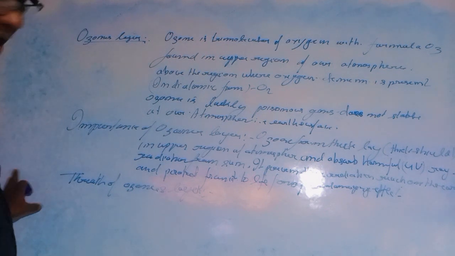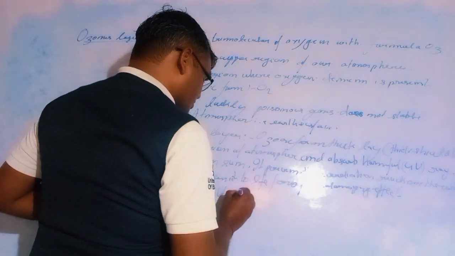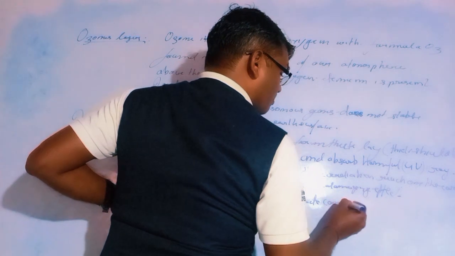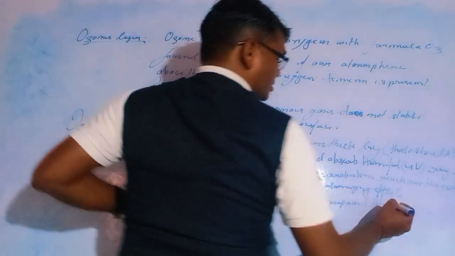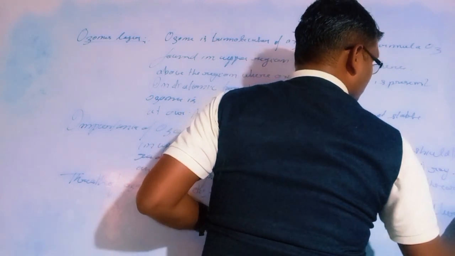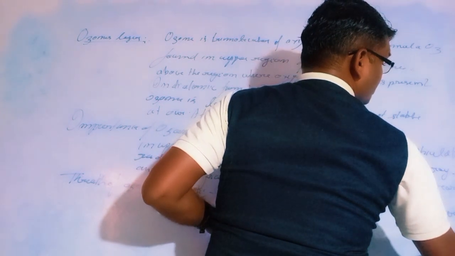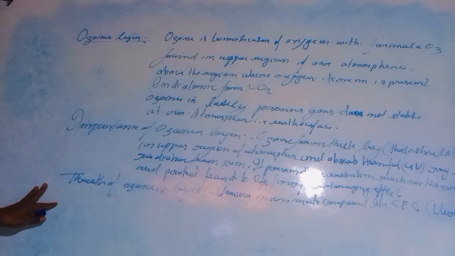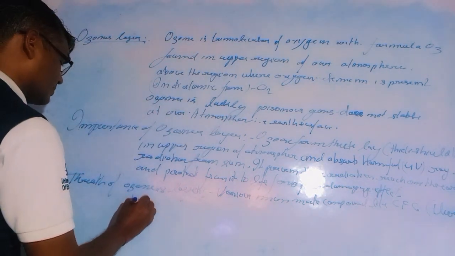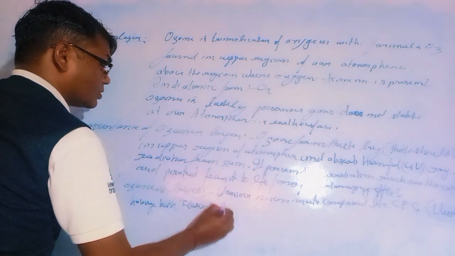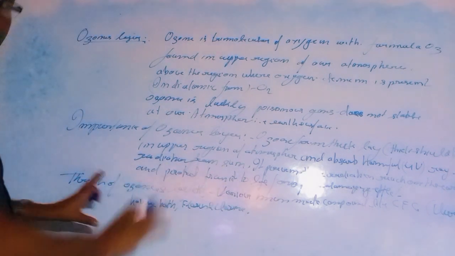Various man-made compounds like CFC, chlorofluorocarbons, are compounds having both fluorine and chlorine.